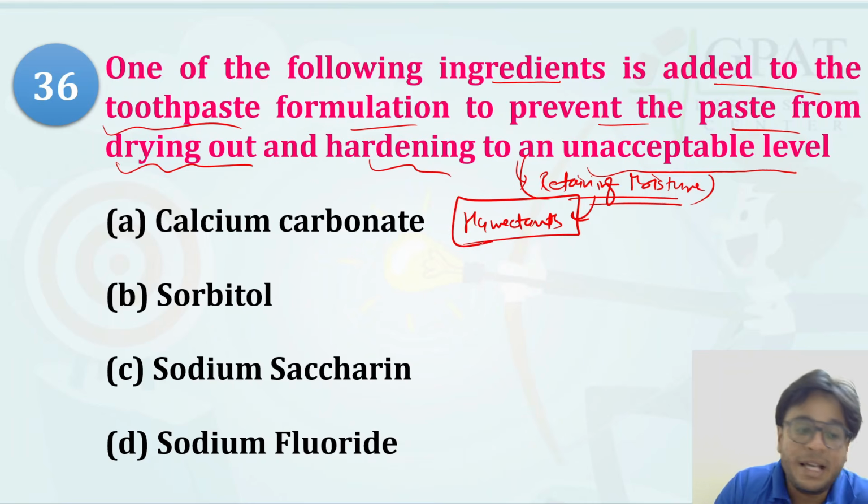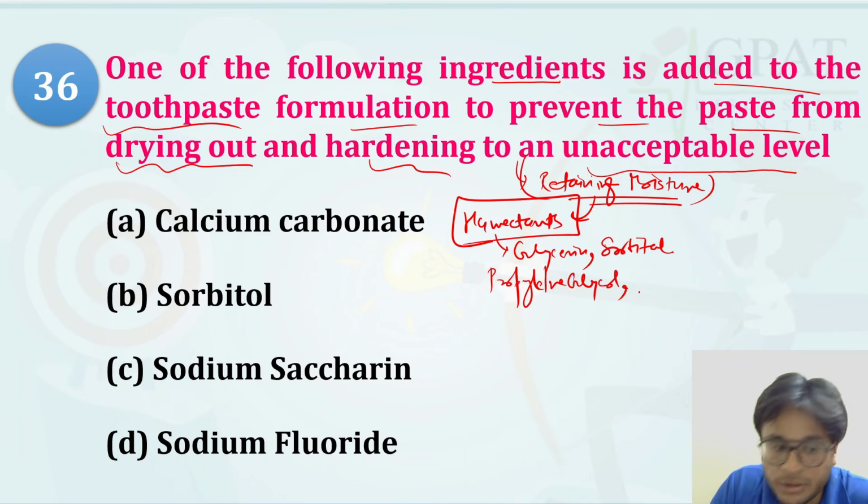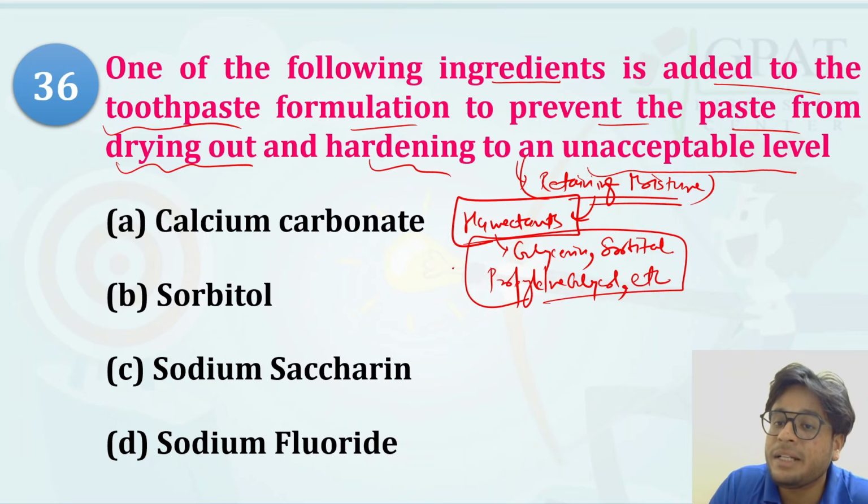Humectants. Well-known examples of humectants are: glycerine can be a humectant that retains the moisture, sorbitol can be a humectant, propylene glycol can be a humectant. There are other things too, but they are the main or common examples of humectants that retain moisture and prevent the drying out of certain things.